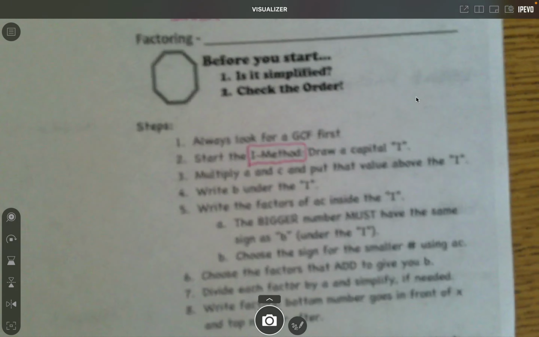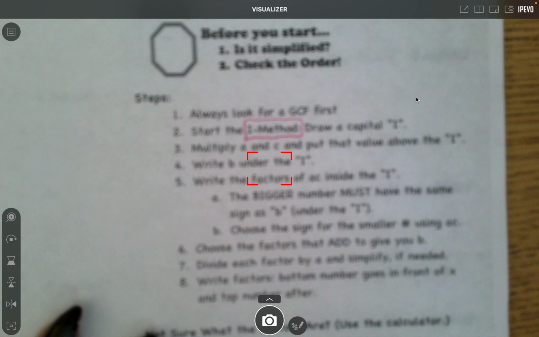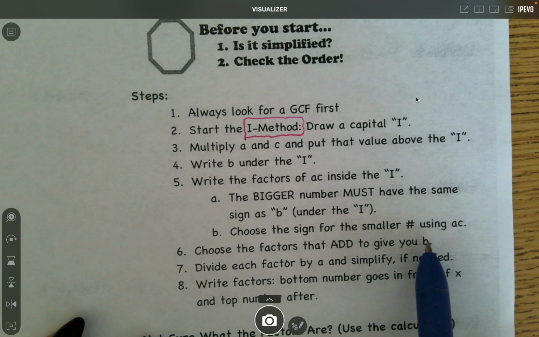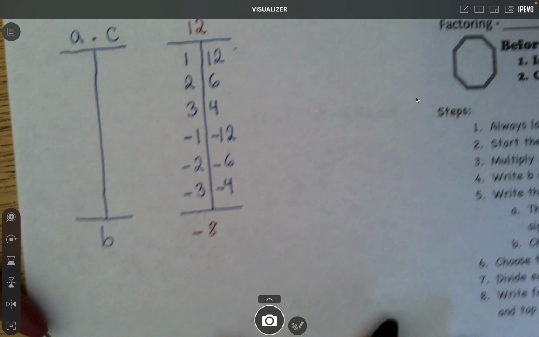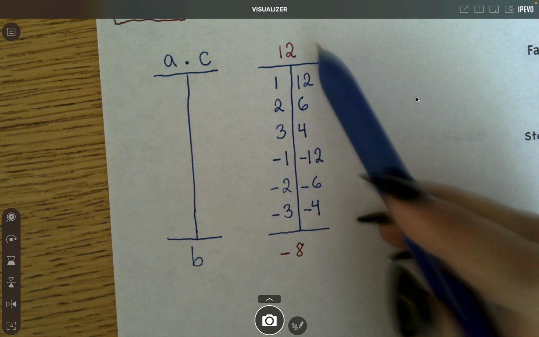Now, the next step says choose the factor that adds to give you b. What does that mean? You did find all the factors of 12.